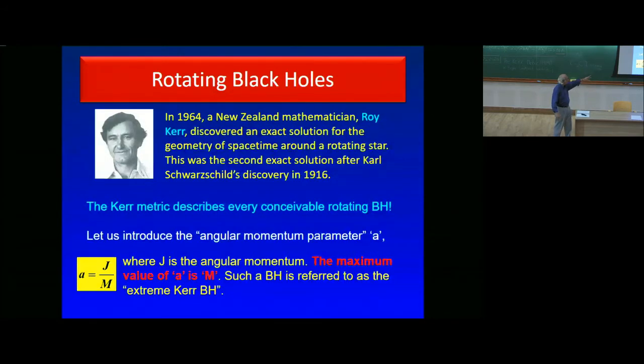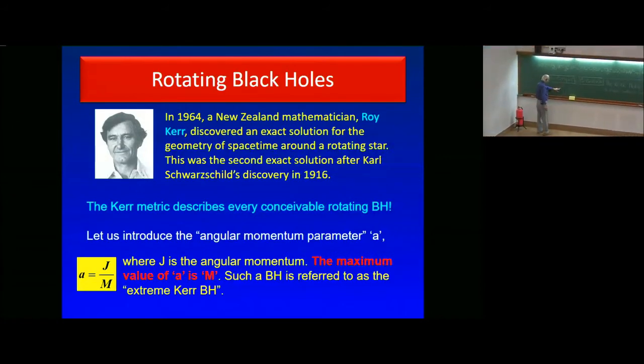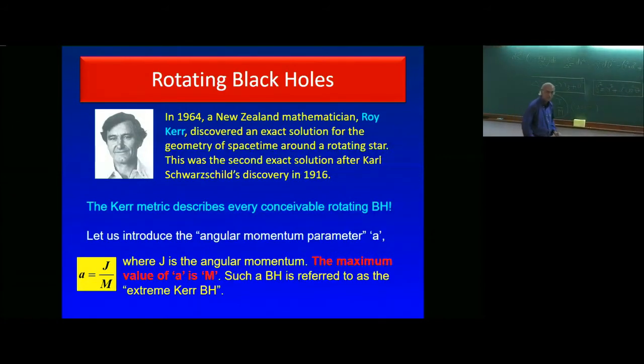So I will only write formulae where we put theta equal to pi by 2. And one introduces the angular momentum parameter a, which is the ratio of the angular momentum to the mass. And that will play a very important role.